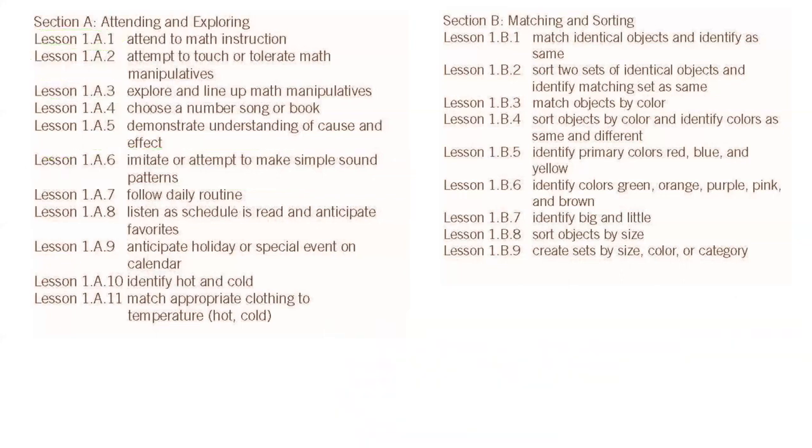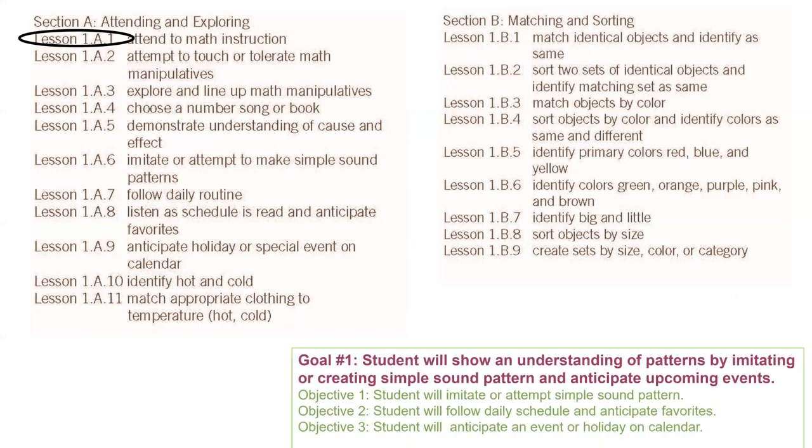And there's a third option, and this is to focus on the algebra content area with patterns that are familiar to the student in everyday life. Assuming that the student is starting with the first lesson, in chapter 1, I wrote an IEP goal and objectives from the lessons 1A6, 1A7, 1A8, and 1A9.